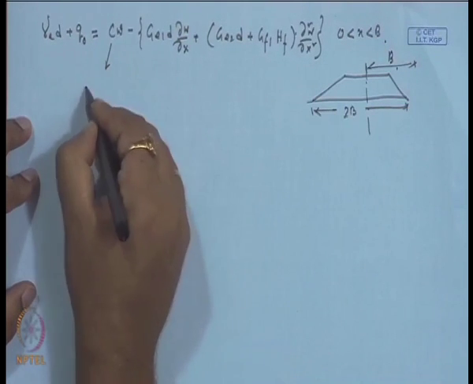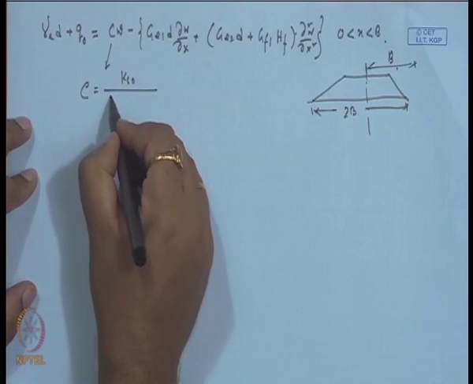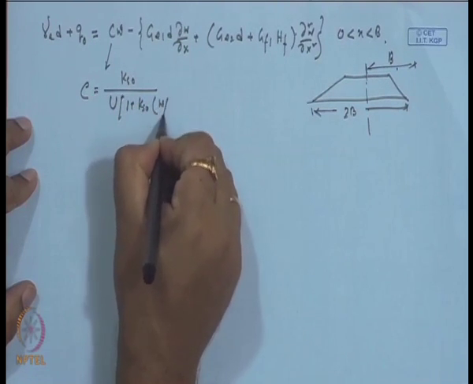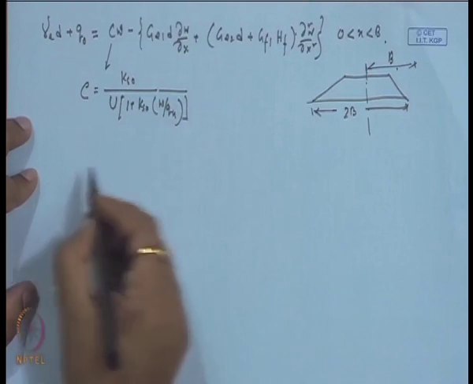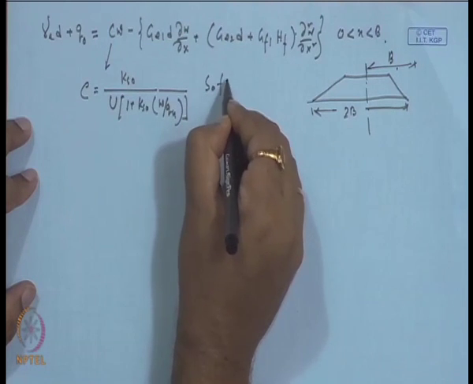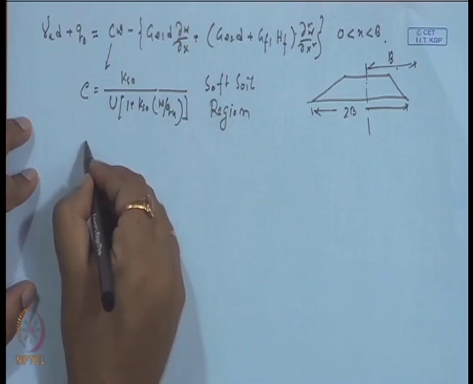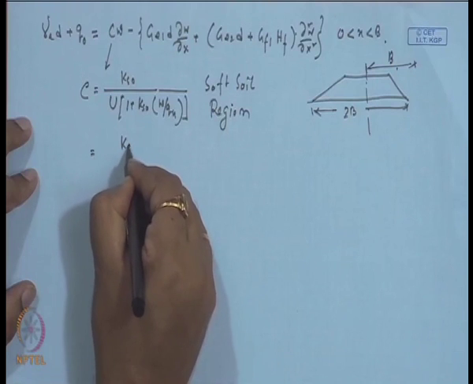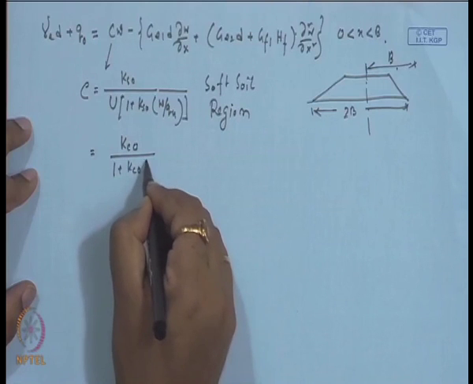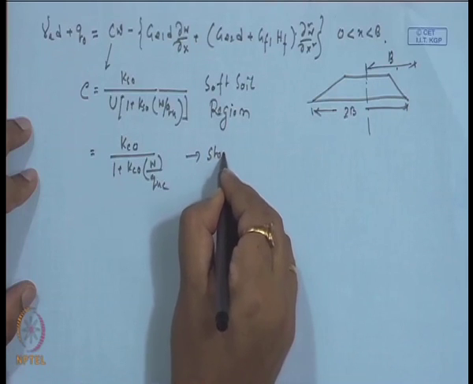And C, where C is equal to k s 0 u 1 plus k s 0 w q u, is for the soft soil region, and in the stone column region it is k c 1 plus k c 0 w q u c, that is for the stone column region.